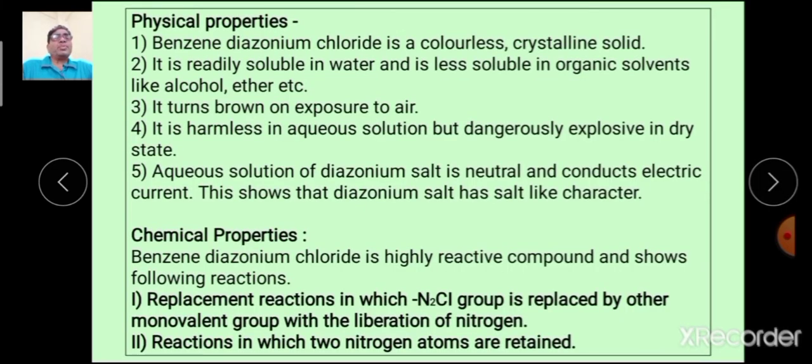Now the properties of benzene diazonium chloride. Physical properties: it is a colorless crystalline solid, readily soluble in water but less soluble in organic solvents like alcohol and ether. Of course, it turns brown when it is exposed to the air. Therefore, it should be kept tightly closed.